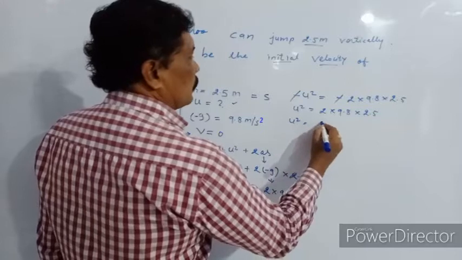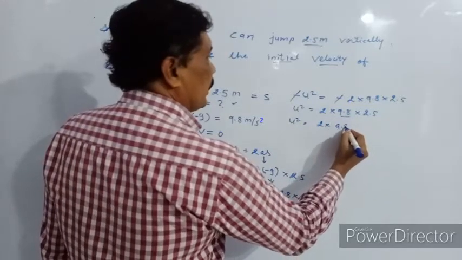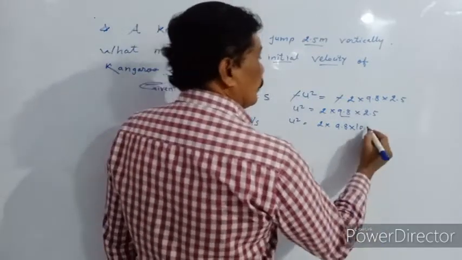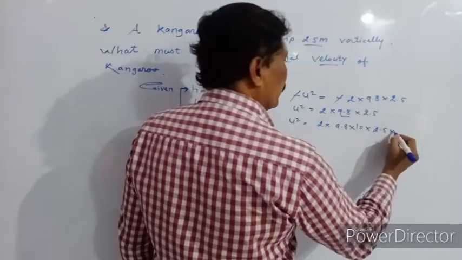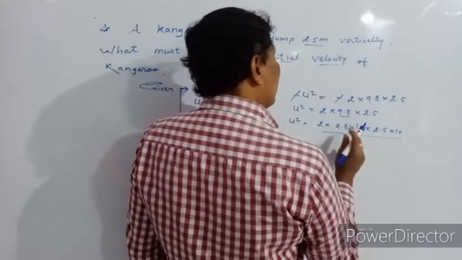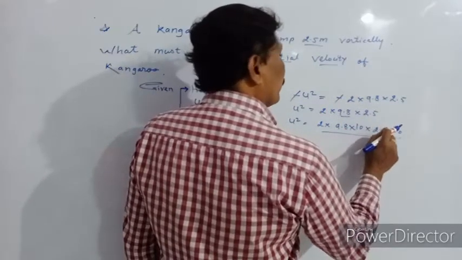U square is equal to twice into, now we have to remove the decimal digits, so 9.8 into 10, into 2.5, we have to remove the decimal, into 10. Now what have we done? We have multiplied here 9.8 into 10 and 2.5 into 10.